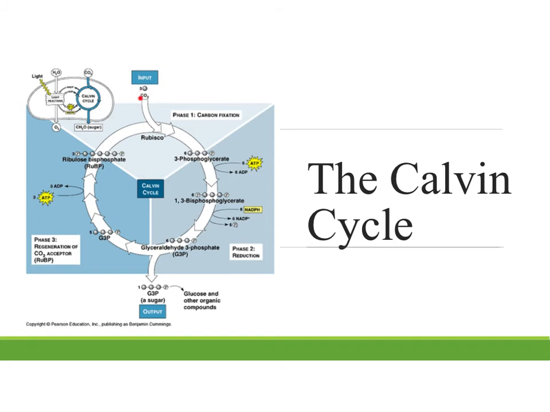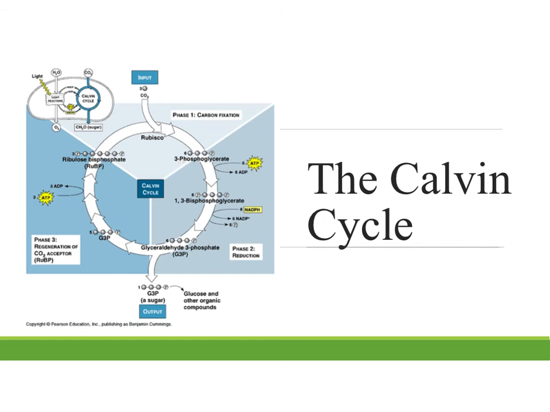Carbon dioxide is taken from the atmosphere, and it is going to react with carbons already in the stroma, and it's going to make this molecule called PGA, phosphoglycerate. We can call it PGA for short.